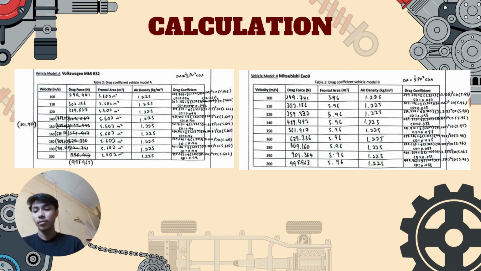For the drag coefficient, we use the formula D equals 1 over 2 times rho times v squared times Cd times A. The drag coefficient we gain is 0.094. That means for all velocities, we calculate according to all velocities, and the total is the same, 0.094.